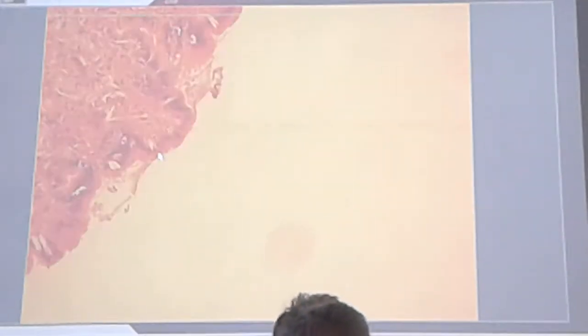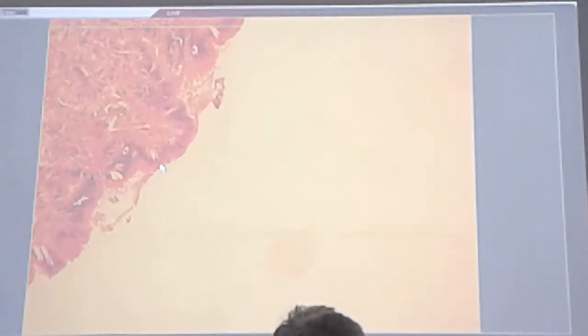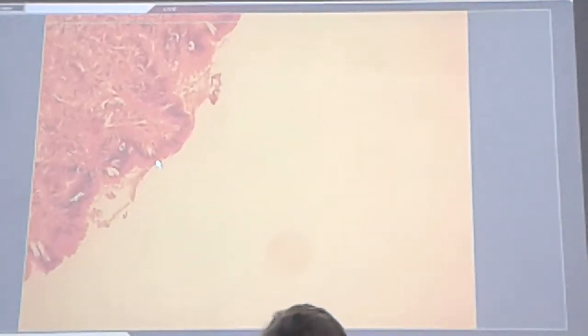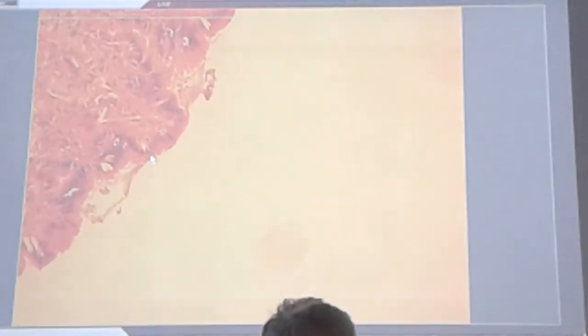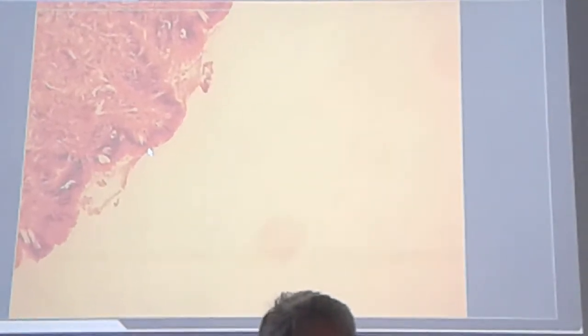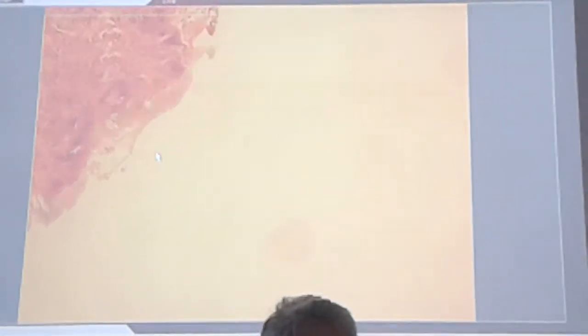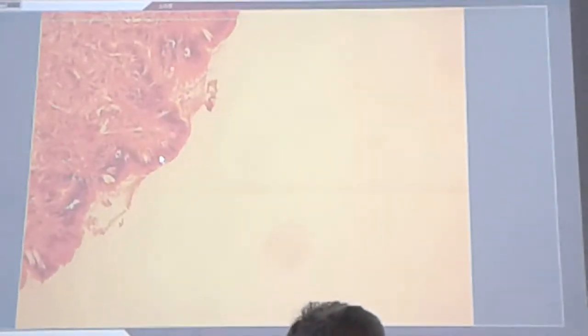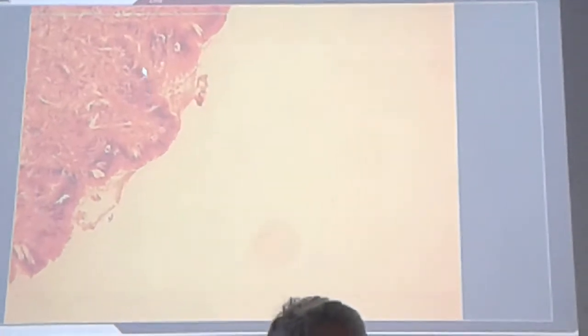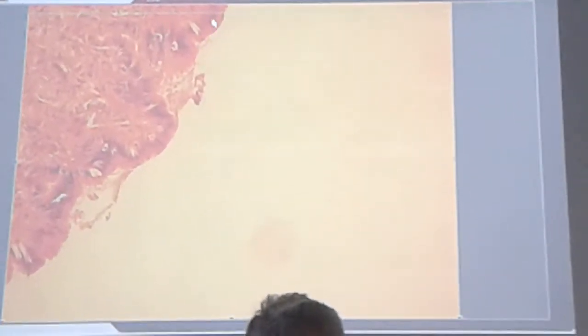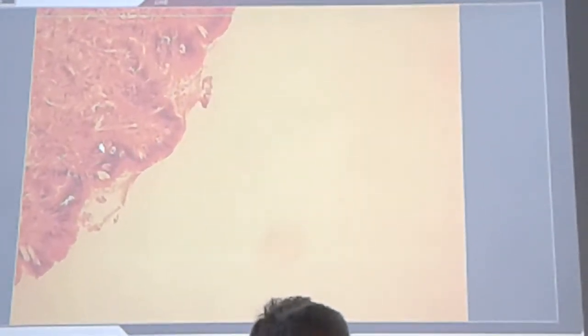Here is the columnar epithelium having spindle-shaped nuclei and perpendicular, rectangular cytoplasm, and that's why, as you see, lining all through the surface belongs to this columnar epithelium.